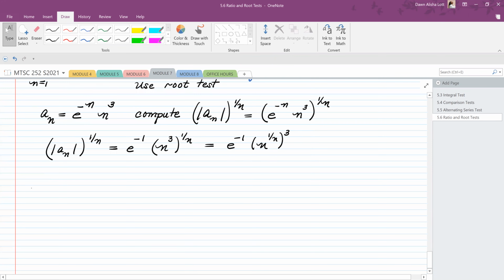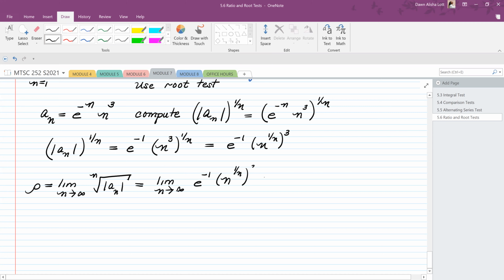So rho is the limit as n approaches infinity of the nth root of the absolute value of an, but that's just the limit as n approaches infinity of e to the minus 1 times n to the 1 over n cubed. So that goes to e to the minus 1.